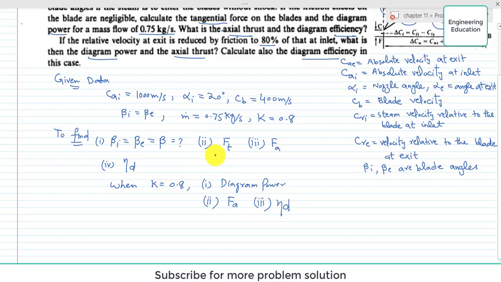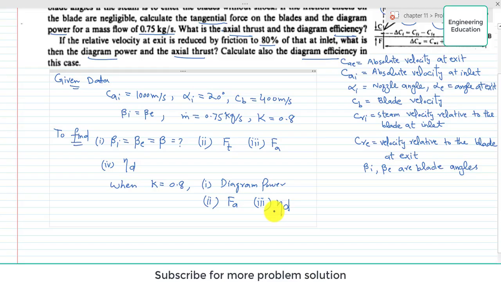In the first case we will find four things: blade angles, tangential force, axial force, and diagram efficiency. When the value of K is 0.8, we will first find diagram power, then axial force, and then diagram efficiency.